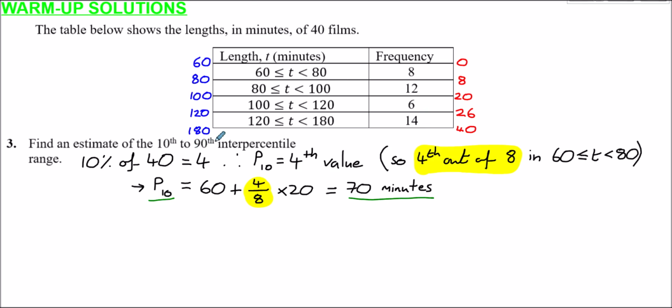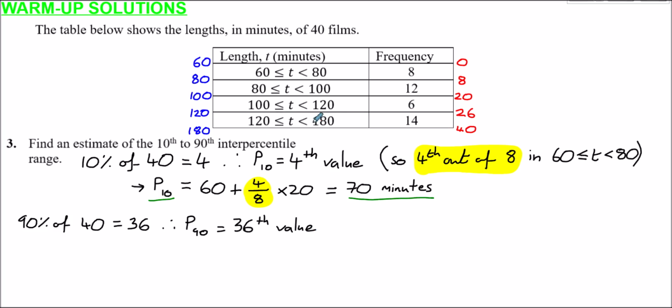Now to work out the 90th percentile. So work out 90% of 40 now. So 90% of 40 would be 36. That therefore shows that the 90th percentile, which we write as P subscript 90, would be the 36th value. So the 36th value is going to be in the last class interval.